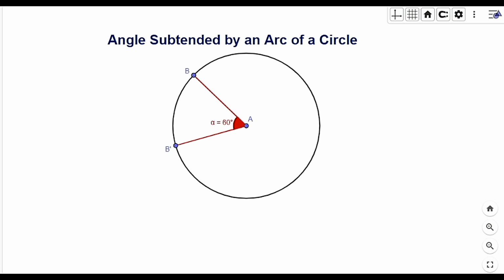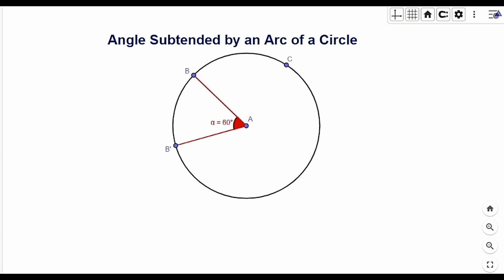Now by this arc BB dash, to measure the angle subtended by the remaining circumference of the circle, we take a point on the remaining part of the circumference, and we take point C for this.